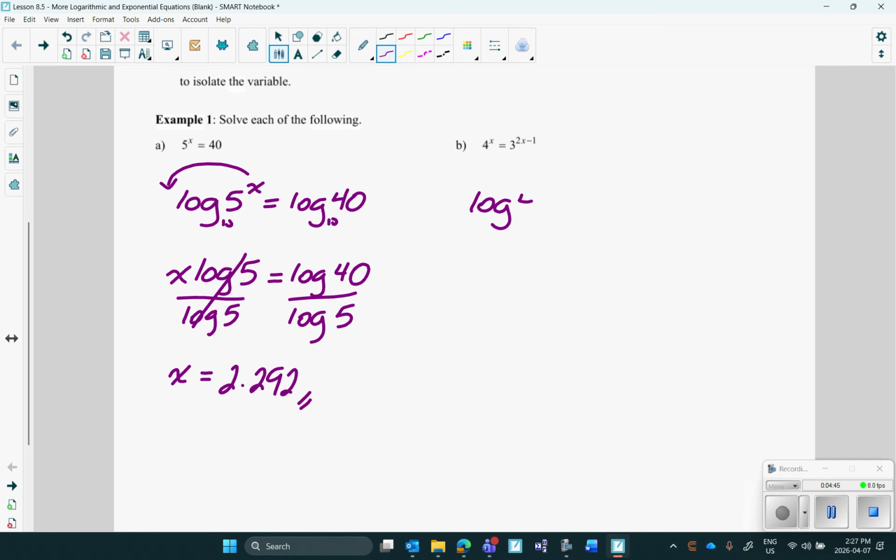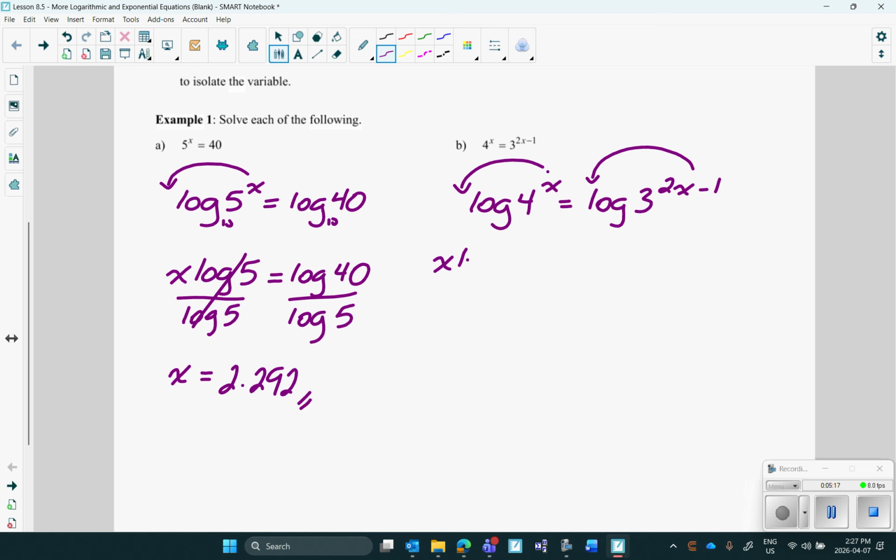That's the first thing I do. Now notice I've got x's in both exponents. Remember, the whole goal is to get x by itself. That's what solving means. So I've got to bring this in front, and I've got to bring this whole thing in front.